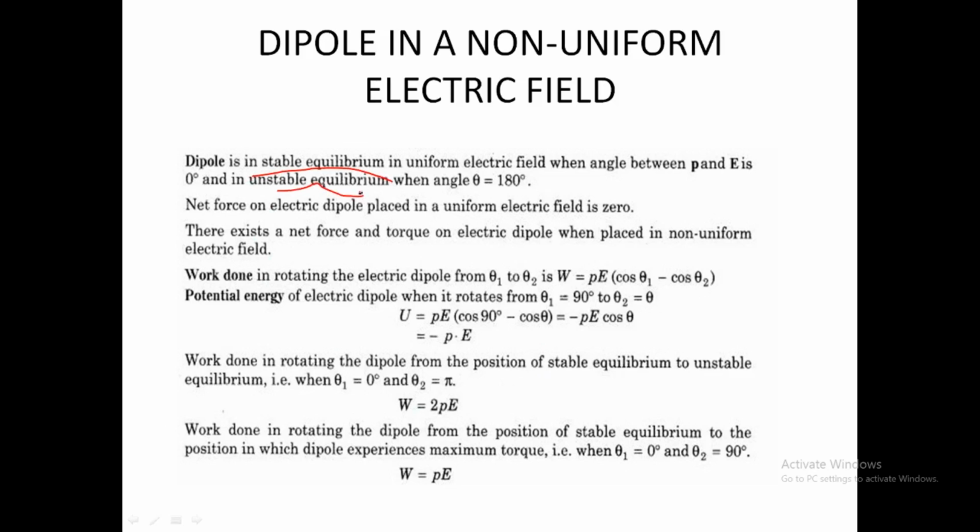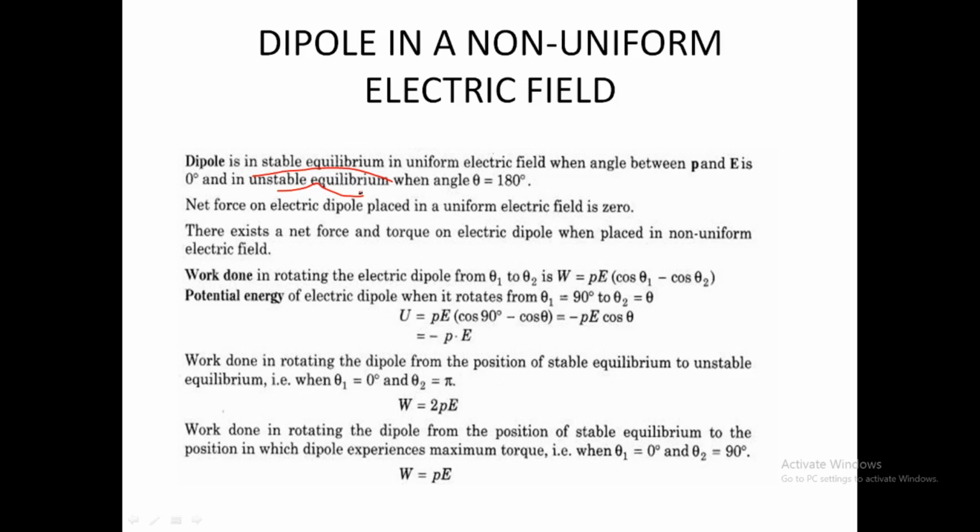In stable equilibrium, that is at 0 degrees, the dipole moment will be along the direction of the electric field. In unstable equilibrium, though the dipole will reach a collinear path with the electric field, the direction of the dipole moment will be opposite. So it will be unstable equilibrium.